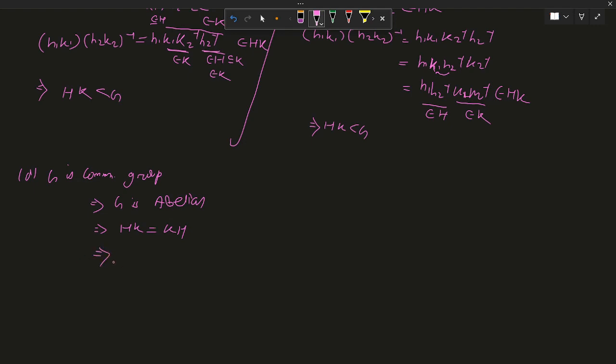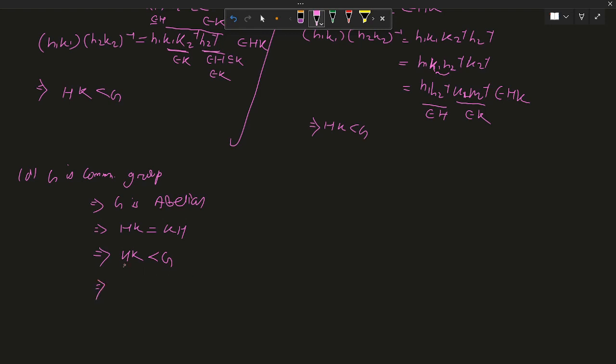So since HK is equal to KH, and we proved earlier in option B that if HK equal to KH, then HK is a subgroup of G, and as we know, every subgroup of an abelian group is also a normal subgroup.